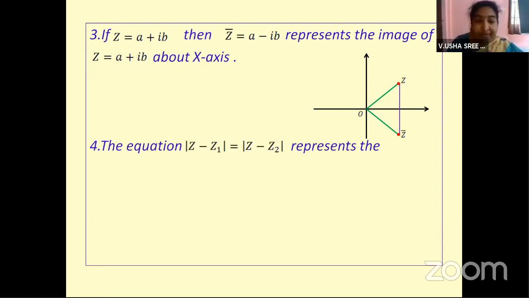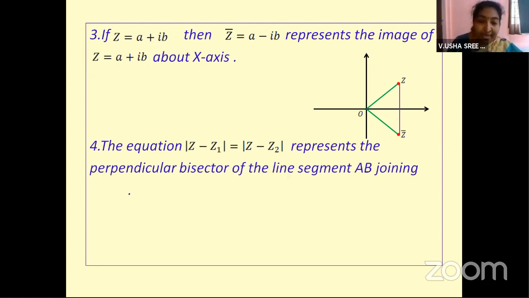Now, the equation mod z minus z1 equals mod z minus z2 represents the perpendicular bisector of the line segment AB joining z1 and z2. Two complex numbers are given to you, children, represented with the points A and B. When you join those 2 points, you get a line segment.